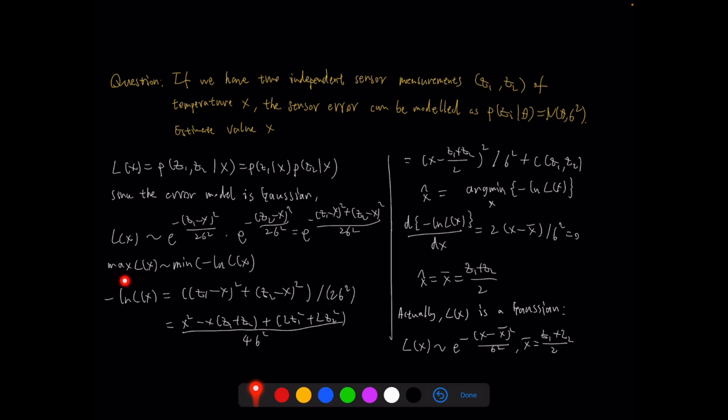Remember that we want to maximize the likelihood function in MLE. Actually, it's equivalent to minimizing the negative ln function. Do you still remember the feature of the Gaussian distribution? It says if we take the log of the Gaussian distribution, we obtain a quadratic function for the two terms.